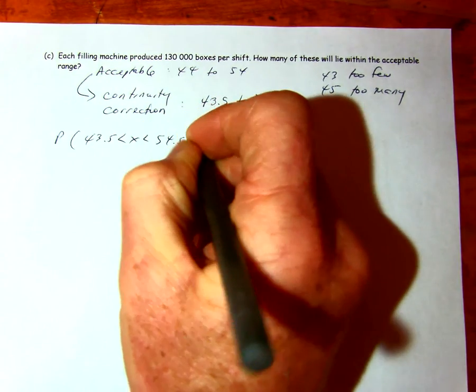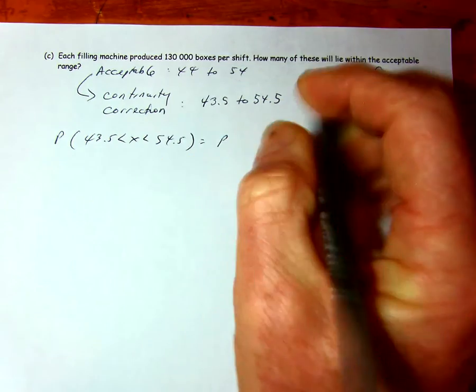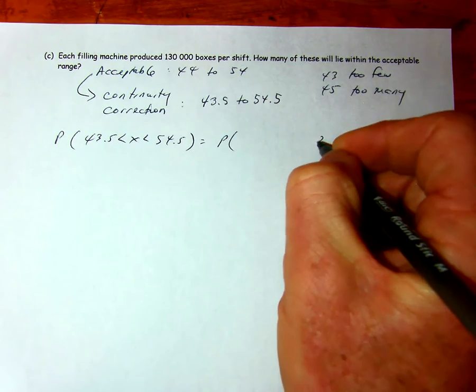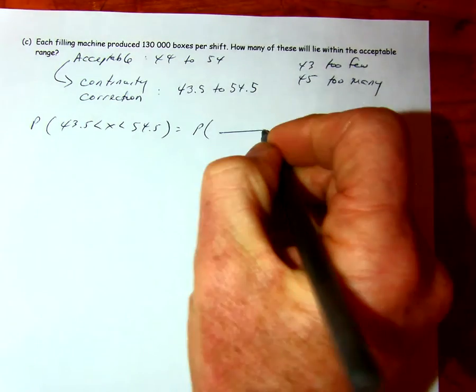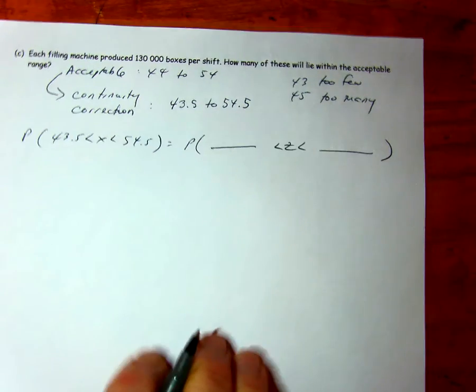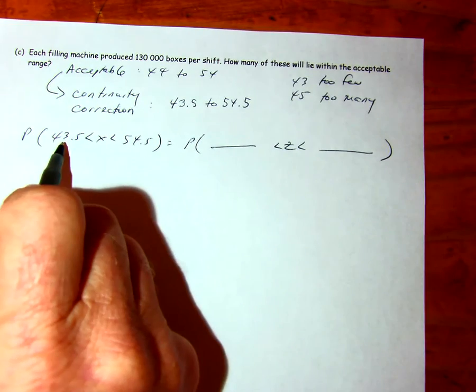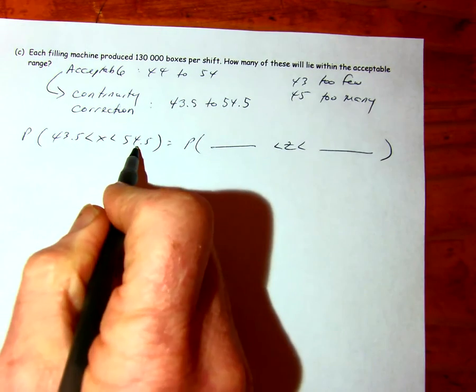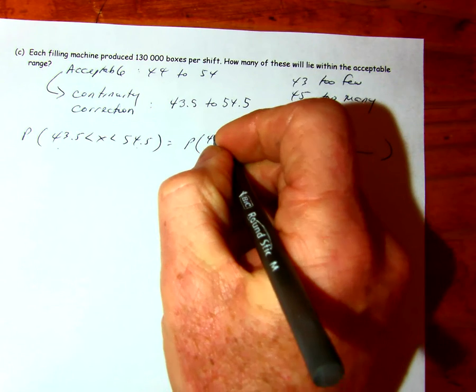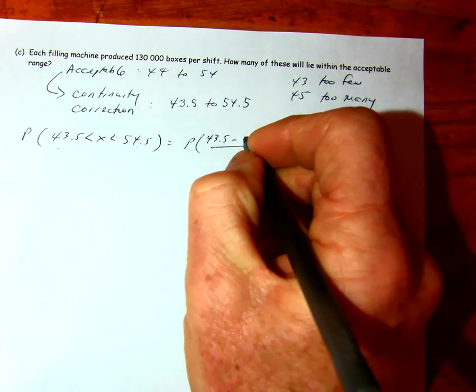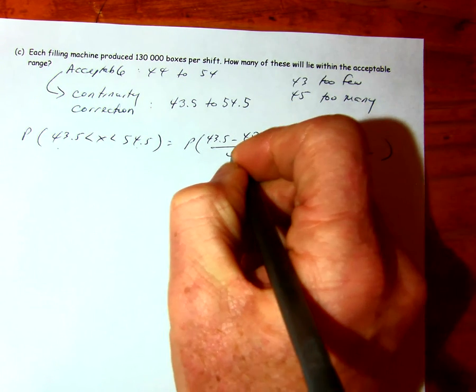All right, so the probability of x being between 43 and a half and 54 and a half is the same as the probability of z scores being between the z-score equivalent of this and the z-score equivalent of that. So the z-score equivalent of this would be 43.5 minus 48 over 4.3.